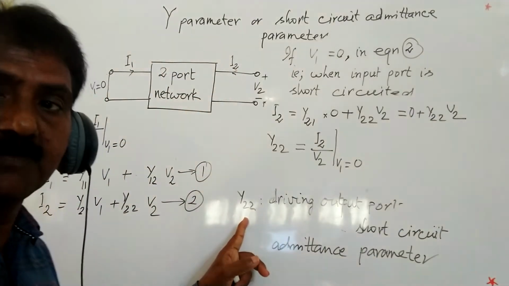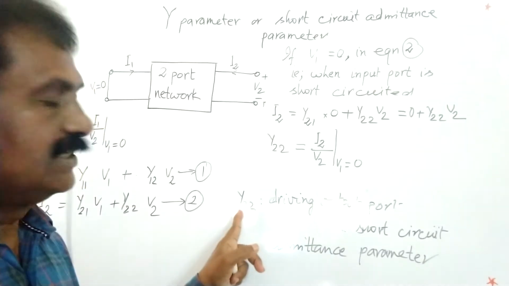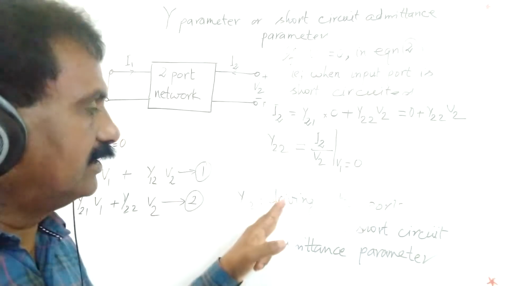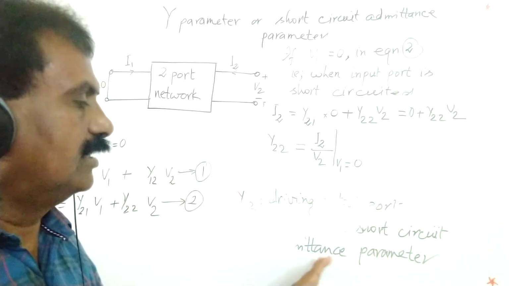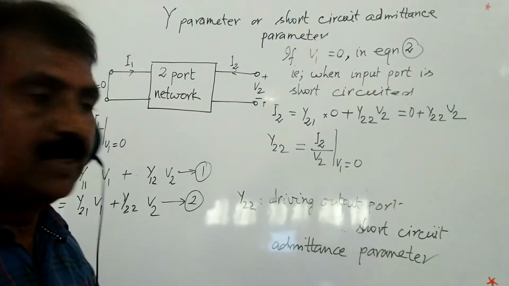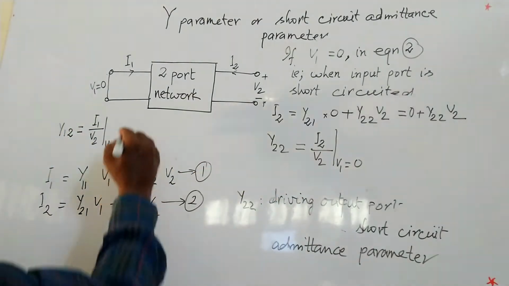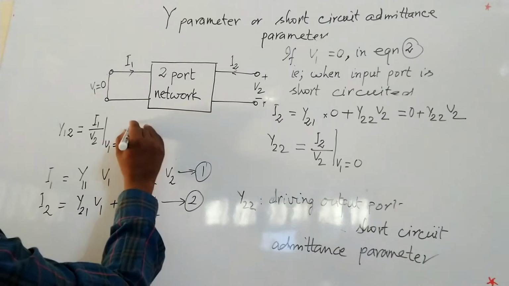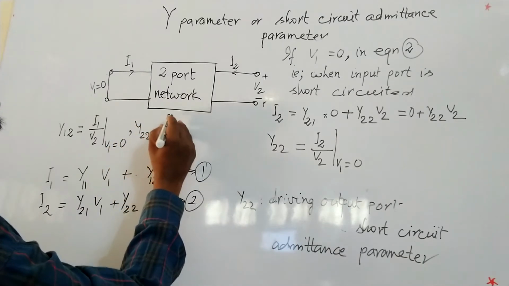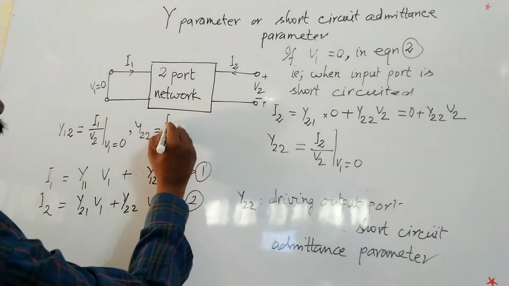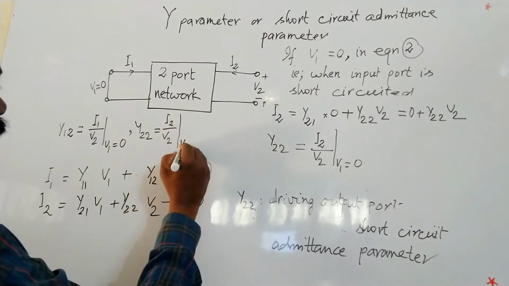What is the full name of Y22? Though we say admittance parameter, the full name is driving output port short circuit admittance parameter. Okay, now we have obtained the value of Y12 and Y22. For our convenience, write down Y22 equal to I2 by V2 when V1 equal to 0.